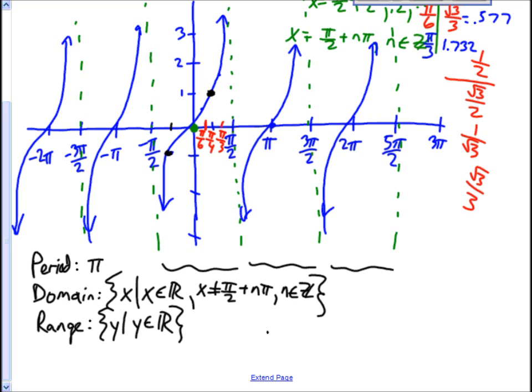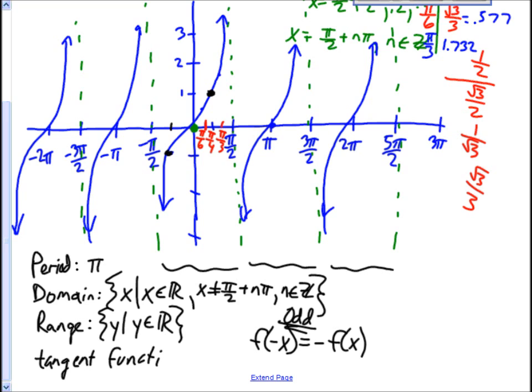In other words, f of negative x was negative f of x, which satisfies odd. Okay, so this tangent function is odd because of that test right there. f of negative x will equal negative f of x.